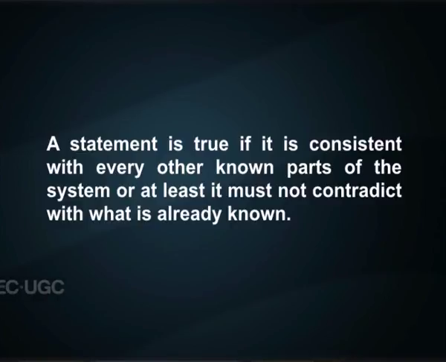Hence, one judgment is not external to another judgment. Judgments are internally related so that they stand or fall together. The doctrine of internal relations signifies that each member of the system necessarily implies every other member. Hence, a statement is true if it is consistent with every other known part of the system, or at least it must not contradict what is already known.